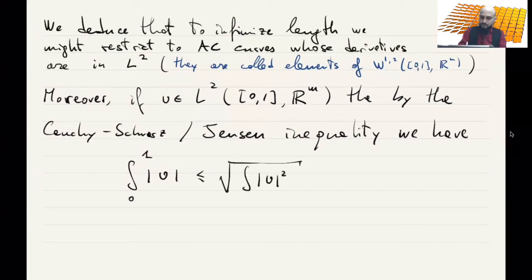Here it's important that the measure of the domain is 1.